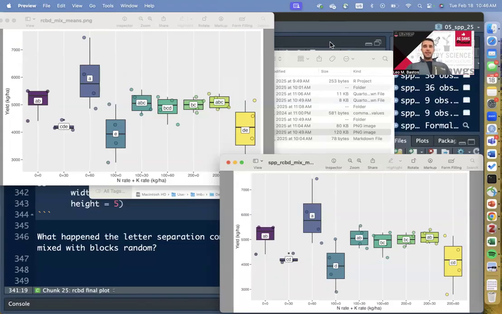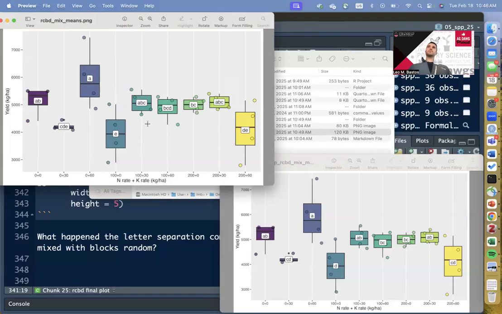All right, any questions about these points? How this changed? So are you looking at one plot specifically? So your question is why the letters change between one and the other?